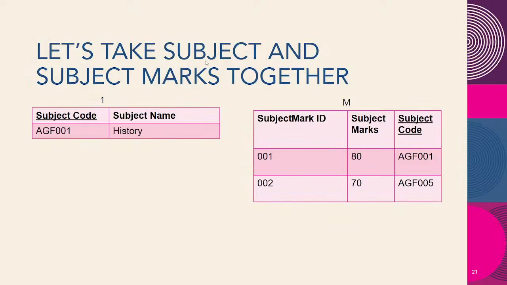Now we will consider the relationship between the subject and the subject marks. The subject table has the subject code and the subject name. Subject code is the one that separately identifies each subject.